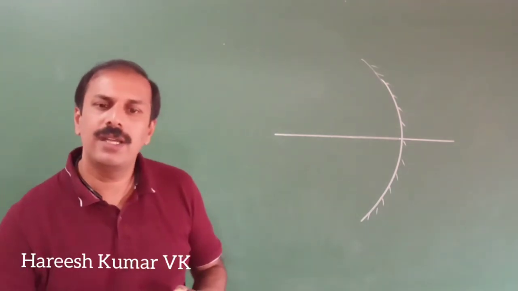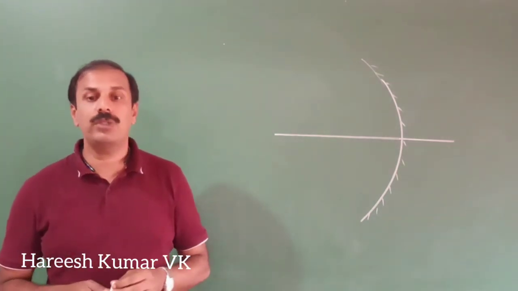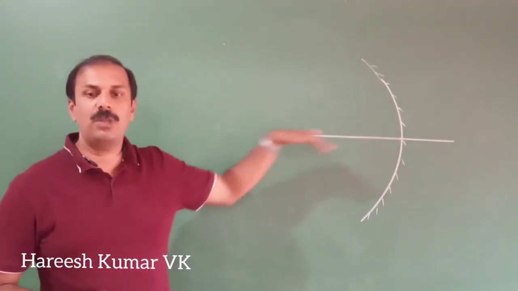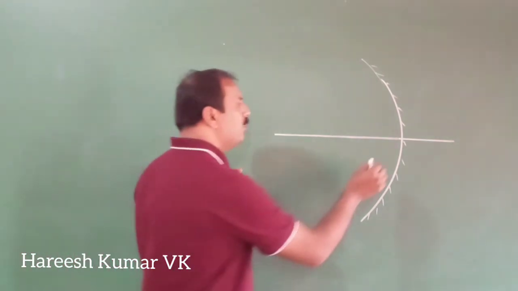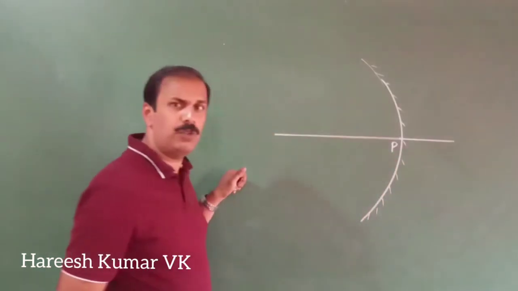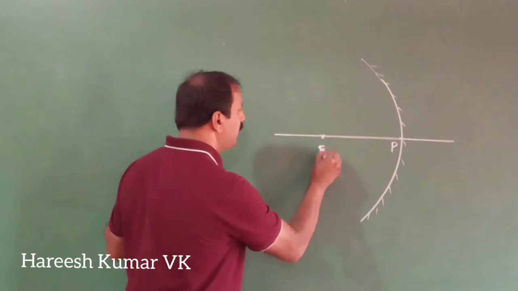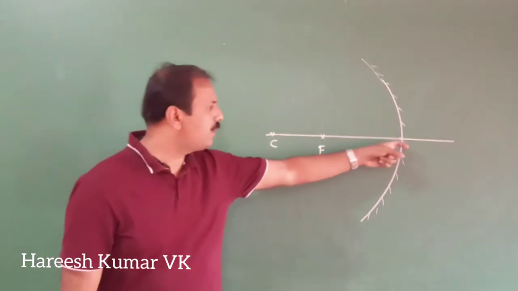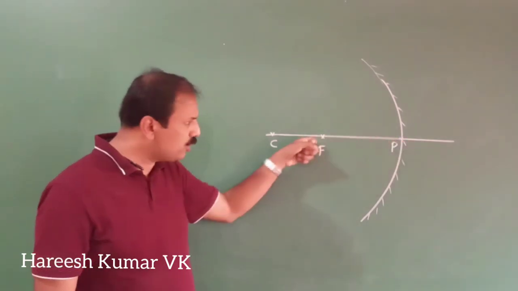Now the second part is all the distances parallel to the principal axis. When you are measuring, you have to measure from the pole. That is, if you want to measure up to here, the focus is here and the center of curvature is here, so when you are measuring the distance from here to here, the starting point is P and you have to measure toward this side.